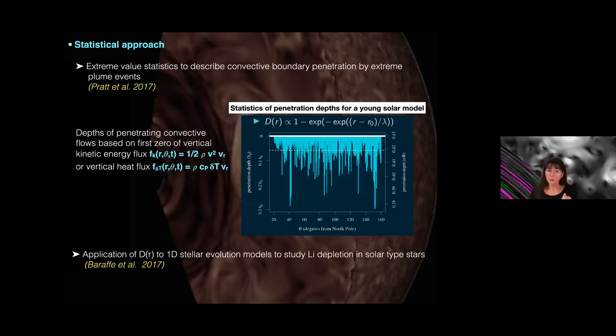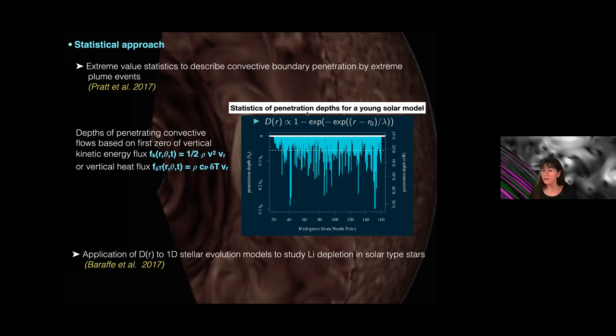You can also determine what I call statistical diffusion coefficients, as we did based on the idea of Jane Pratt, using extreme value statistics, where you consider that the mixing is driven by the most extreme penetrating plumes, and you can derive the probability distribution of those penetrating events.